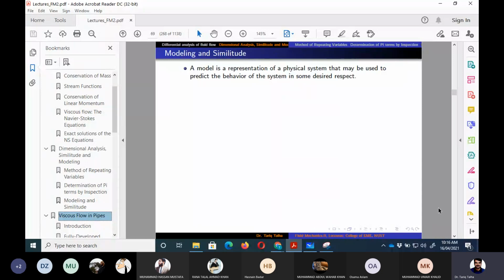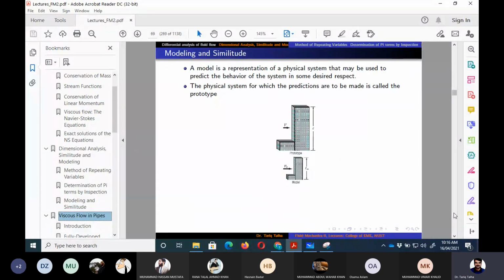And in most cases we need to make a scale up model or scale down model, depending upon whether we are investigating a very large system or a very small system. So we have to prepare a model for that.